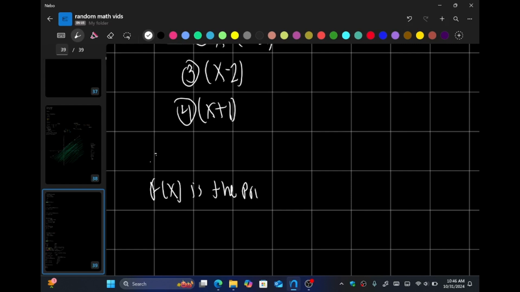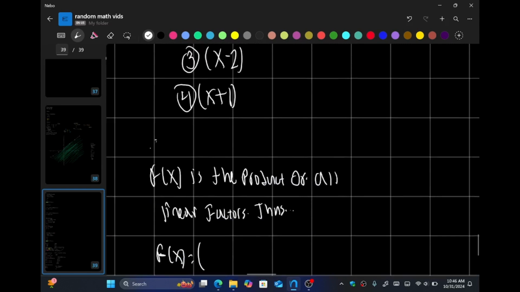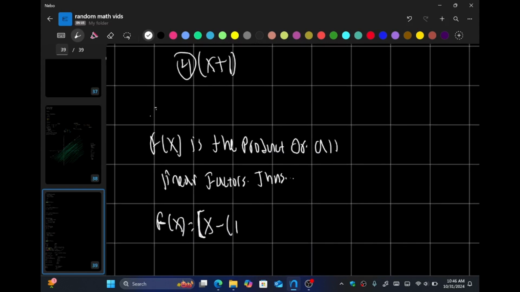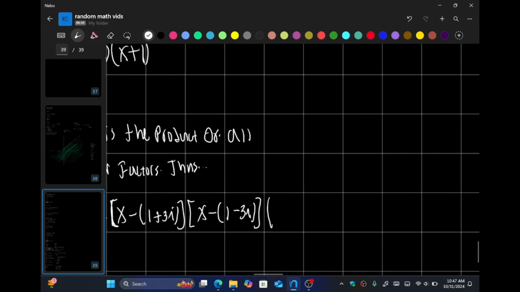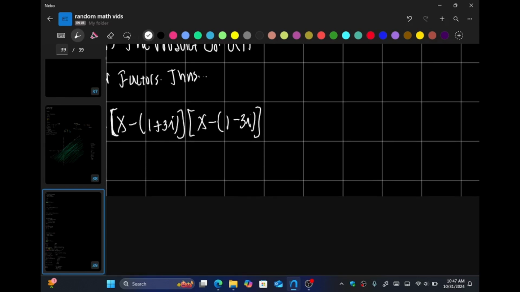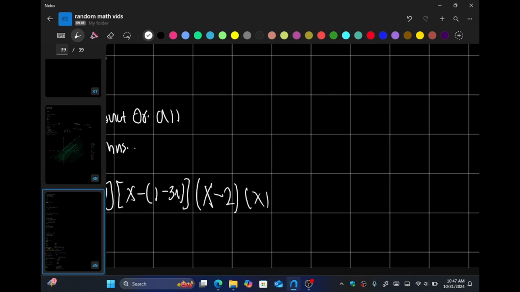is the product of all linear factors. Thus, f of x will equal the quantity x minus, let me put brackets here, 1 plus 3i times x minus 1 minus 3i times x minus 2 times x plus 1.